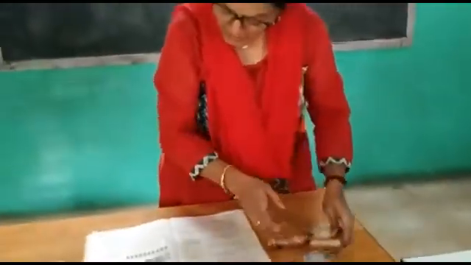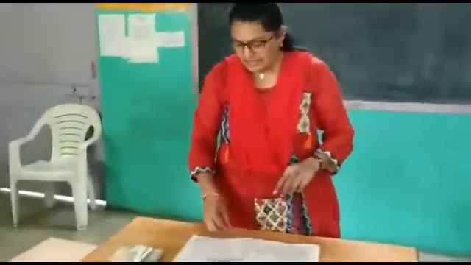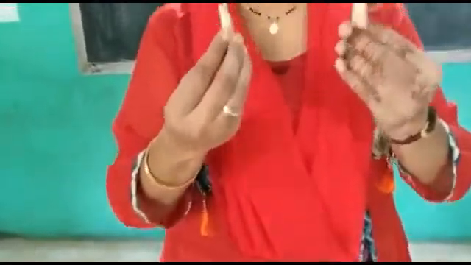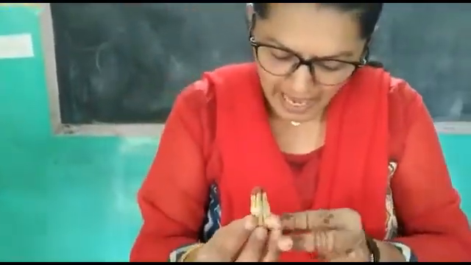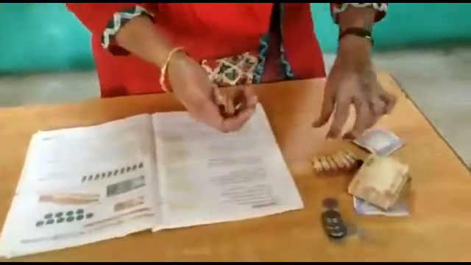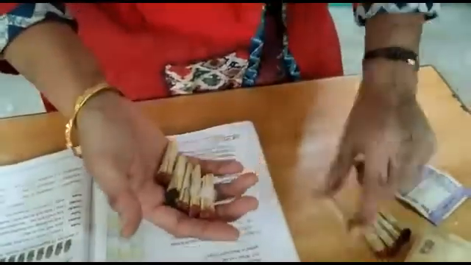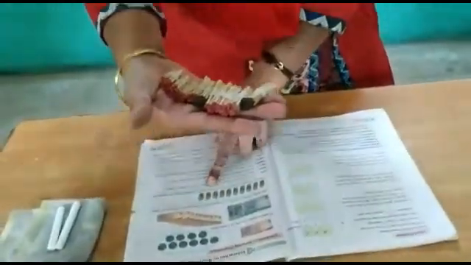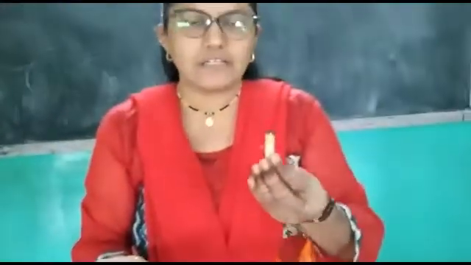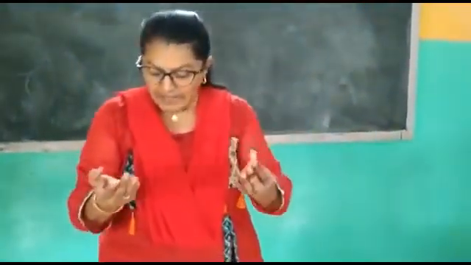Now we will see if there are 10 sugar canes in a bundle. I am not having a sugar cane bundle, children, but I have prepared a matchsticks bundle for you. I am having 10 matchsticks in a bundle. 1, 2, 3, 4, 5, 6, 7, 8, 9 and 10. Then 10 such bundles means 100 sugar canes.